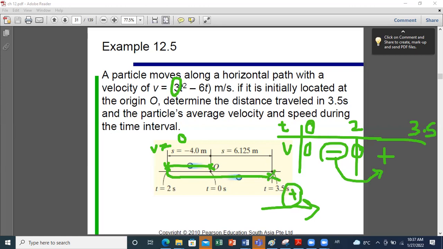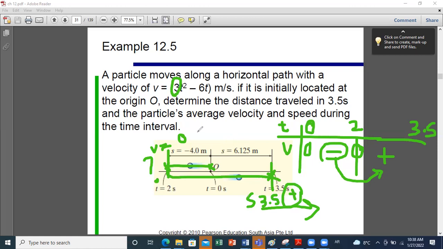Now, to have a complete picture, I need to find what S is when I reach t equal 2 seconds, and what the position S is at 3.5 seconds. In this way, I will know all extremities of my motion, and I will be able to calculate the distance traveled.